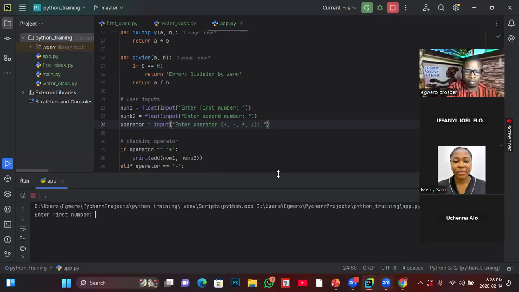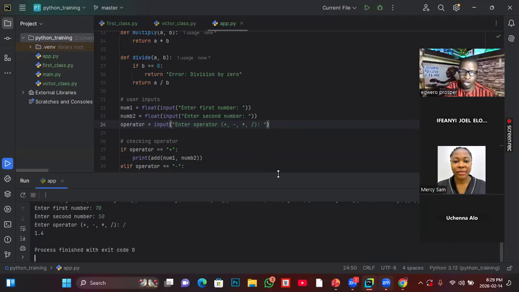Let's say we have 70 as the first number. We want to divide it by 50. Our operator is this. So you can see that we are having a decimal point.